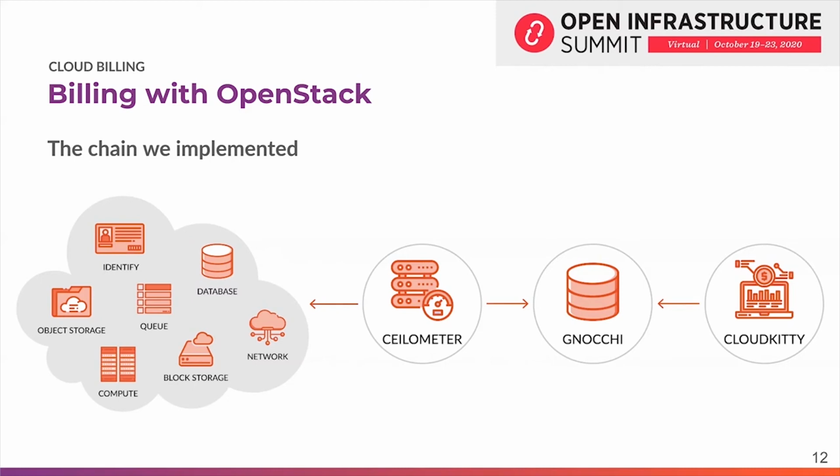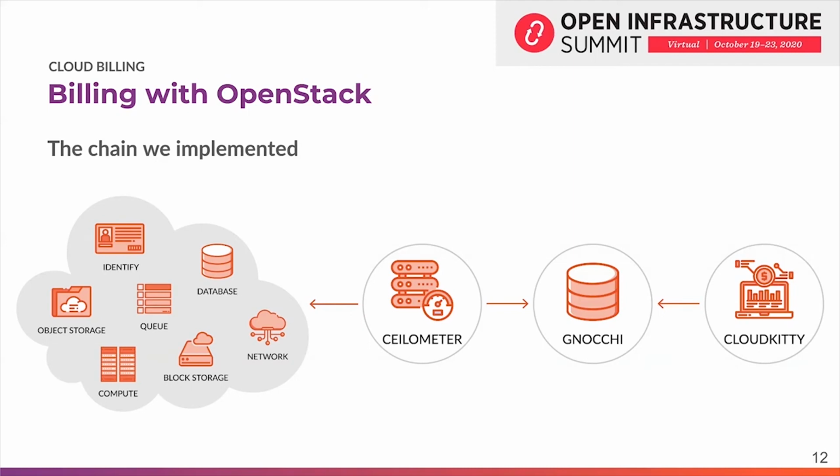Then we have Ceilometer monitoring, gathering data and persisting it in Gnocchi. After the data is persisted in Gnocchi, it's consumed by CloudKitty, so we can rate it and assign a monetary value to it. That's a very simple stack. All of the components are open source, which is interesting, and we can extend them quite easily.